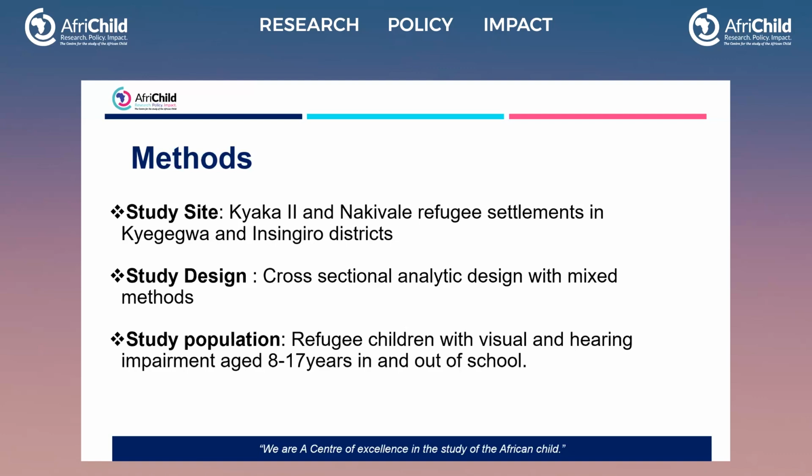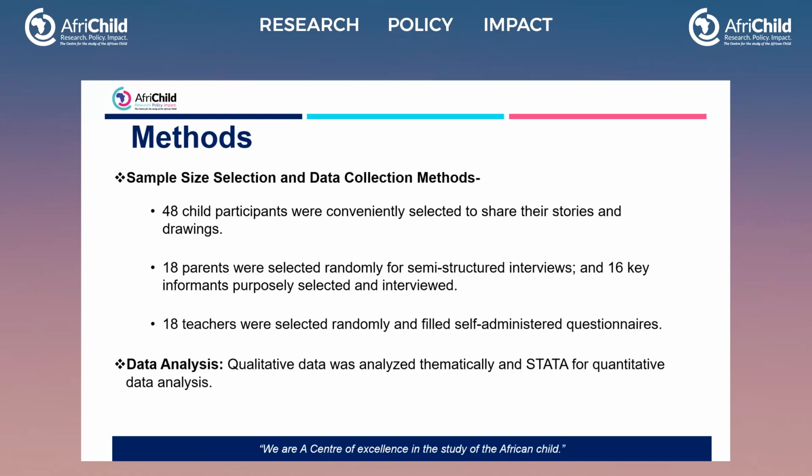And the study population included refugee children with visual and hearing impairment, aged 8 to 17 years, in and out of school. We're interested in this age group because children in refugee settlements really study when they're a bit older compared to the other children not in refugee settlements.